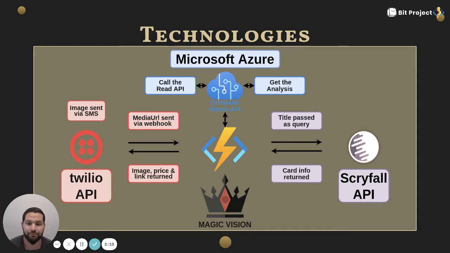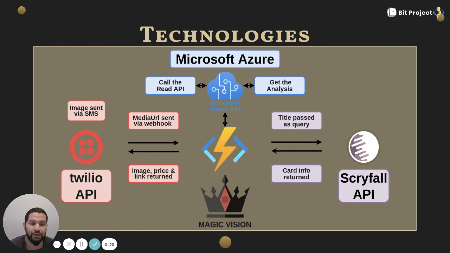Within there, we forward it and call the read API, which does analysis of text and in photos. Once that analysis is complete, we return the analysis and parse out the card title. Then we send that title to the Scryfall API and query that title.